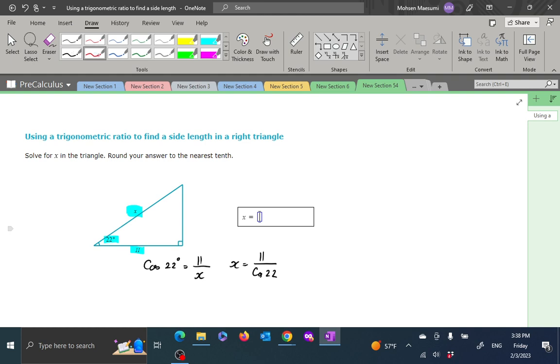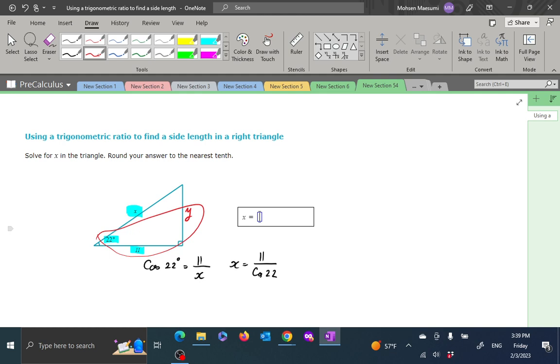Just for practice's sake, if we were asking to find y, we would have said what, given these three. You always work with what is given and what you're trying to find. There are also alternate ways of doing this.